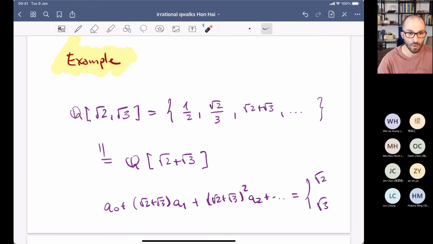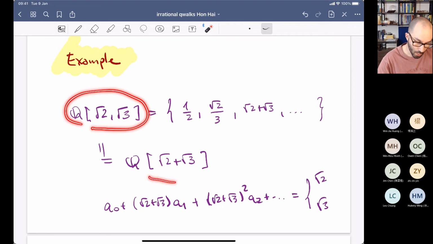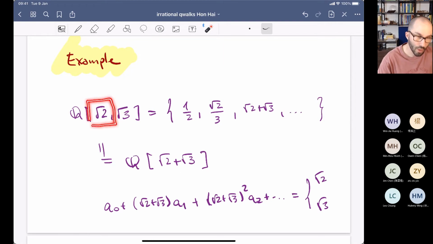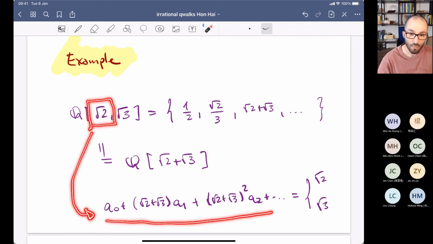It is actually true that this thing is equal to this thing, in the sense that there is a way to write square root of 2 as something that looks like this. And there is also a way of writing square root of 3 as something that looks like this.